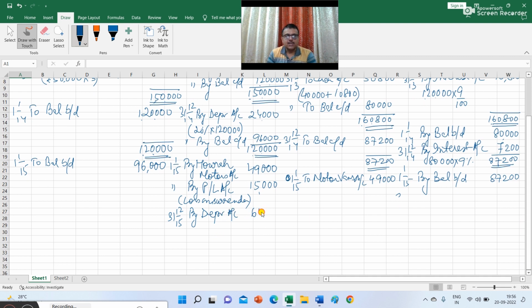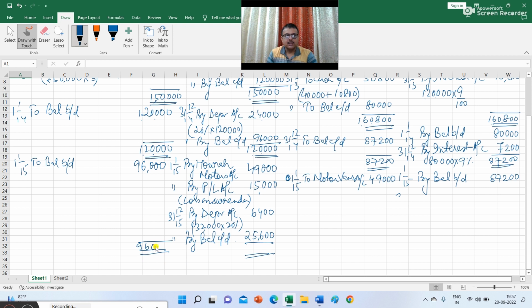So this will be 6,400. 32,000 is the value of the third motor van, and you have charged 20% depreciation, 6,400. So the balancing figure, that is the written down value of the third motor van on 31st December 2015 is 25,600.